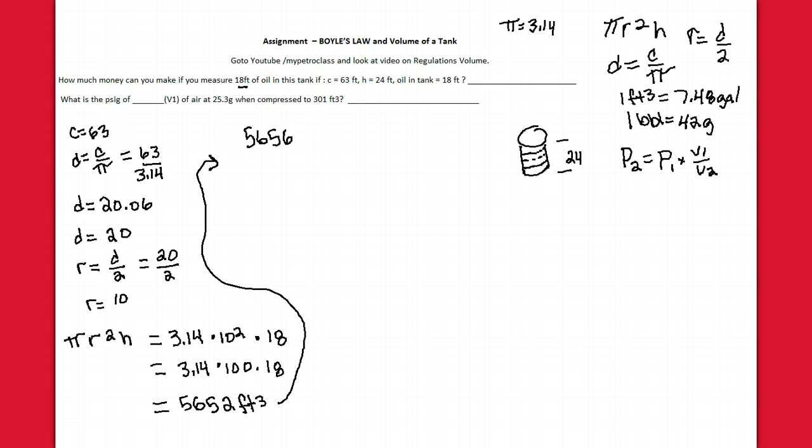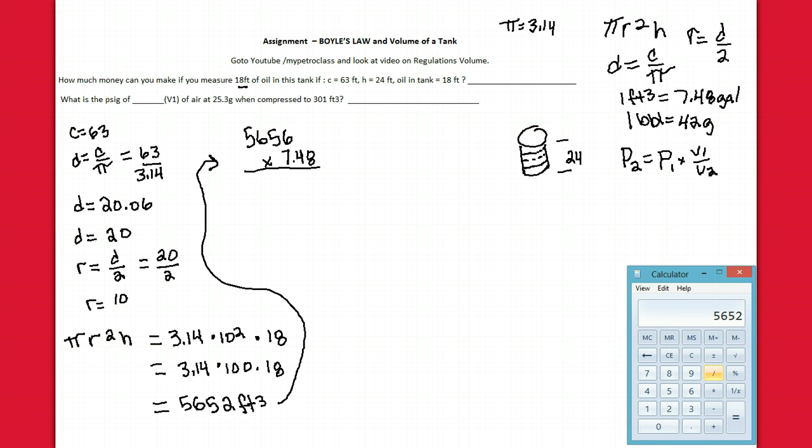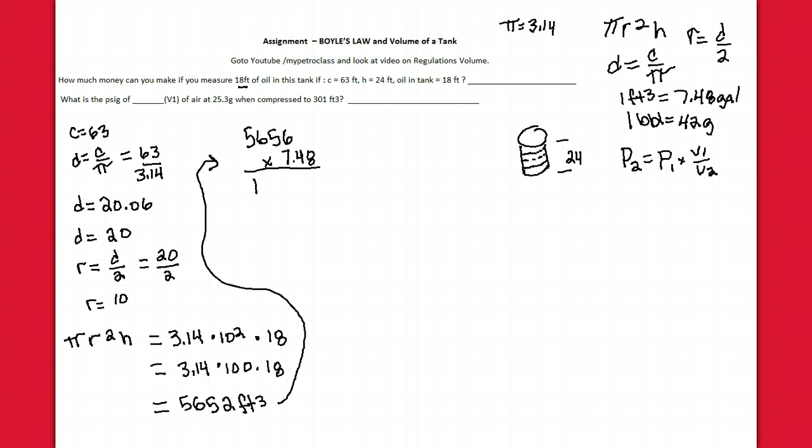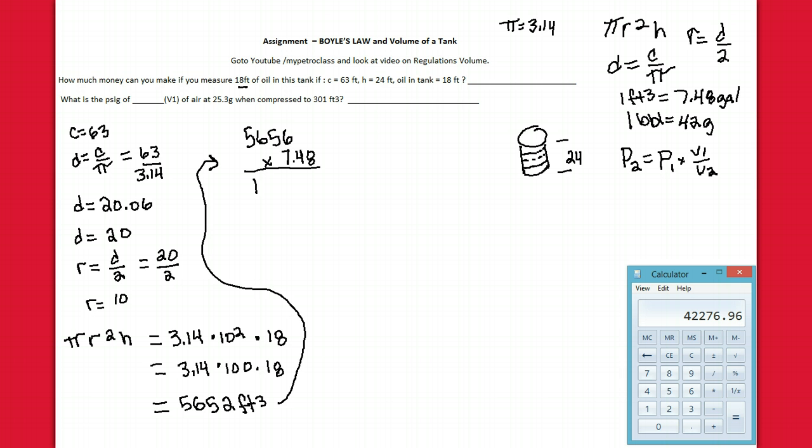So for every cubic foot, we have 7.48 gallons. So we're going to multiply this by 7.48. What's that going to give me? Because I can't do it in my head. Times 7.48 equals 42,276.96.